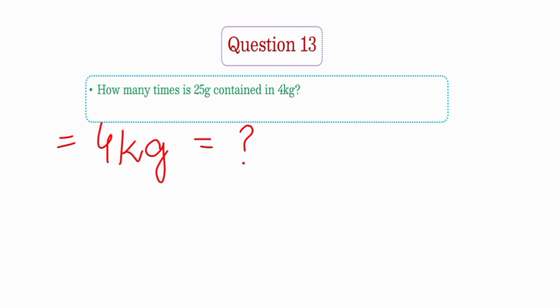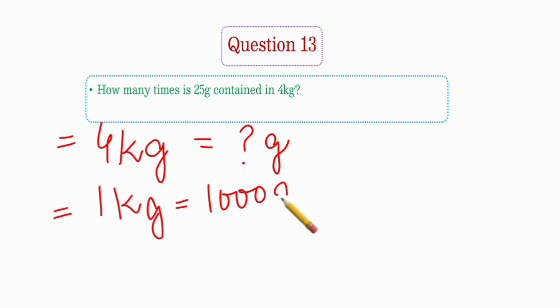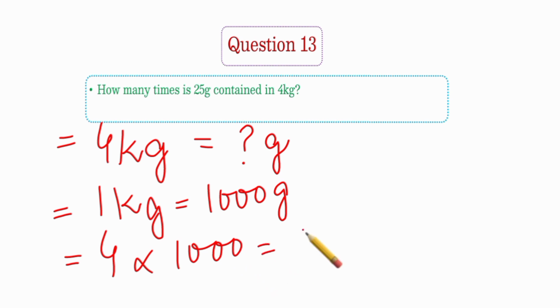To work it out, first we know that 1 kilogram is equal to 1,000 grams. So 4 kilograms is 4 times 1,000, and it will give you 4,000 grams.